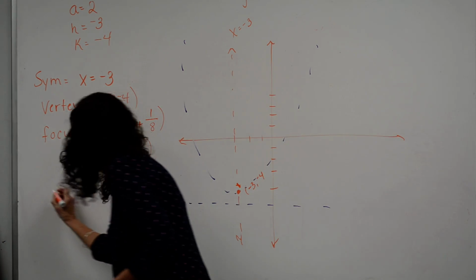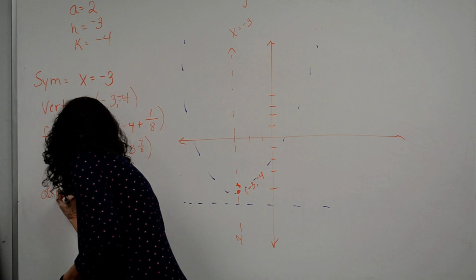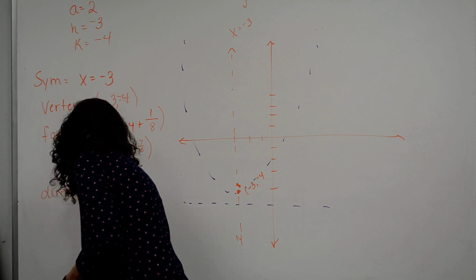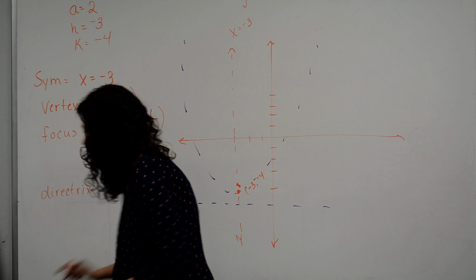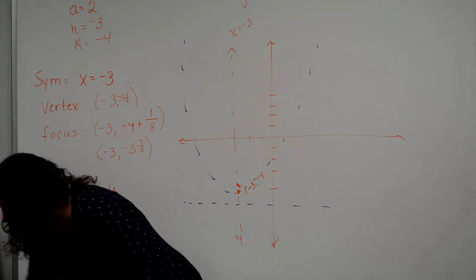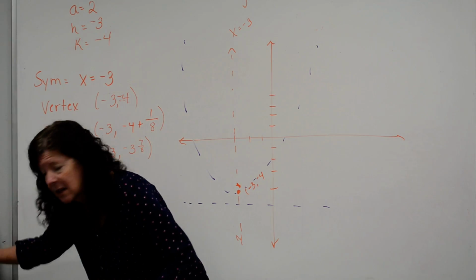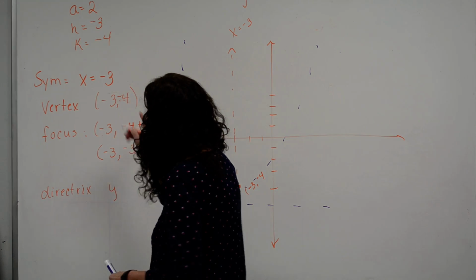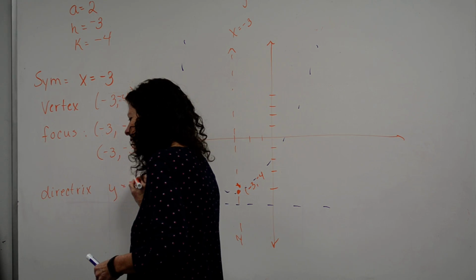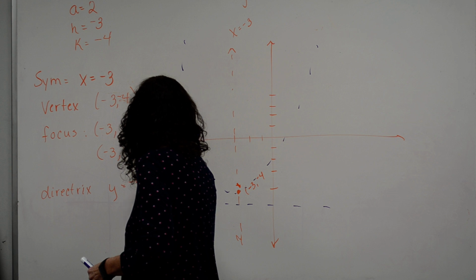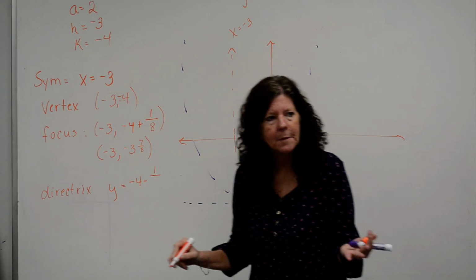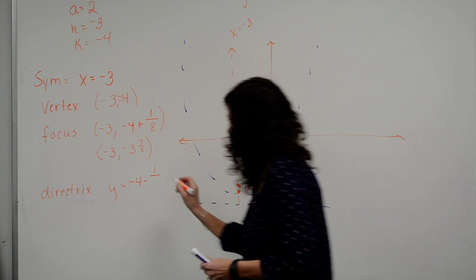All right, so then I've got my directrix, which I'm going to turn around. It's going to be y equals. Notice over here it's x equals. So that's why this is important. And it's the k value, which is negative 4, minus 1 over 4 times a, which is 8.